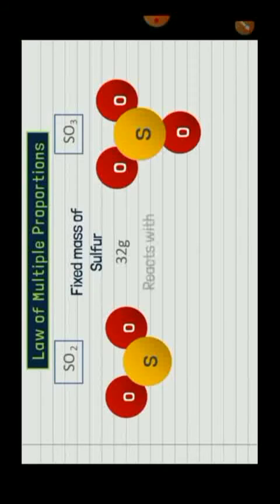In SO3 also we have sulfur 32 gram. So the mass of sulfur is fixed at 32 gram. But in SO2 oxygen is 32 gram, and in SO3 we have 48 gram of oxygen. So the ratio of oxygen is 32 to 48, that is 2 to 3. So this follows the law of multiple proportions. Clear? Here the ratio of oxygen in SO2 and SO3 is 2 to 3.